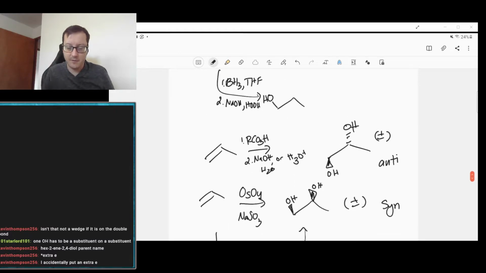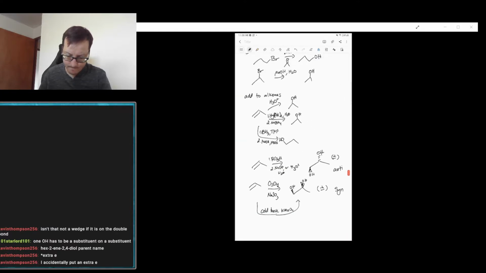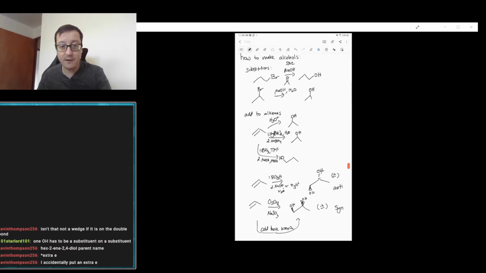So we have substituting an alkyl halide. Of course, that's going to be on an sp3 carbon, right? You can't do that on sp2 carbons. You can add things to alkenes. We have 6 different ways to do it. 3 of those ways give us a single alcohol. 3 of those ways give us diols.